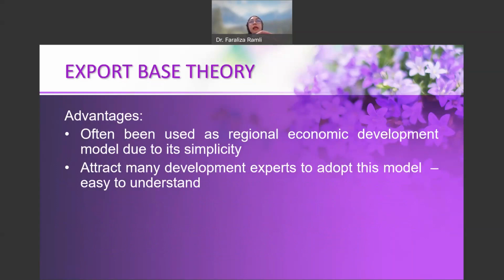Okay, what is the advantage? It has often been used as a regional economic development model due to its simplicity. Okay, it attracts many development experts to adopt this model. Easy to understand because it is a basic theory in economics.